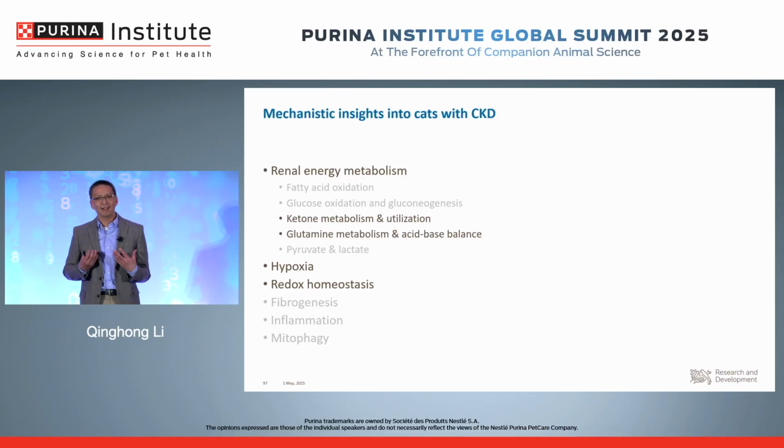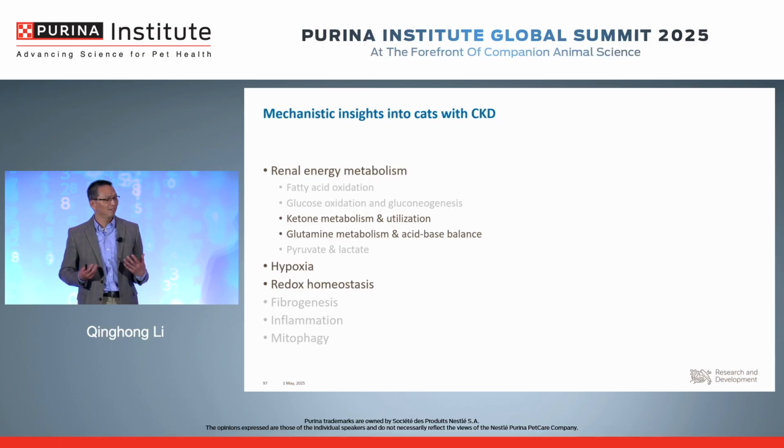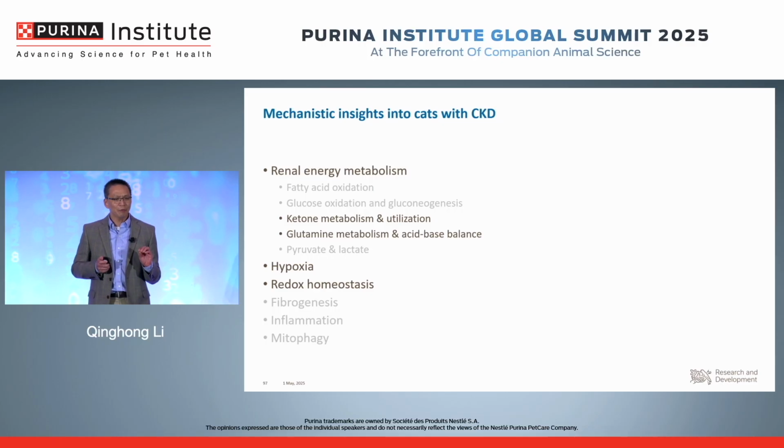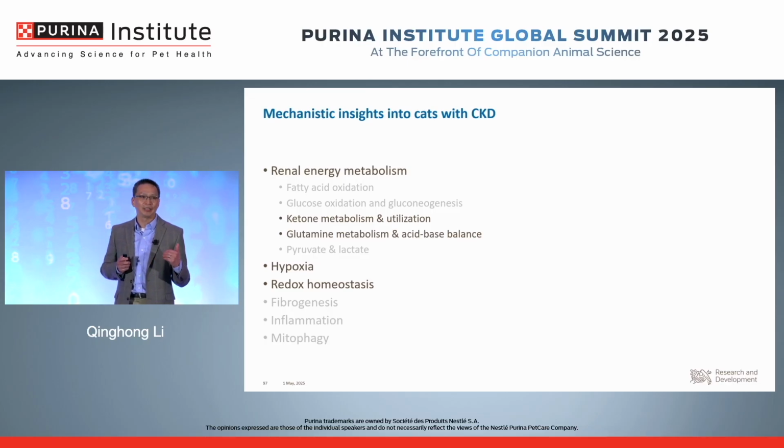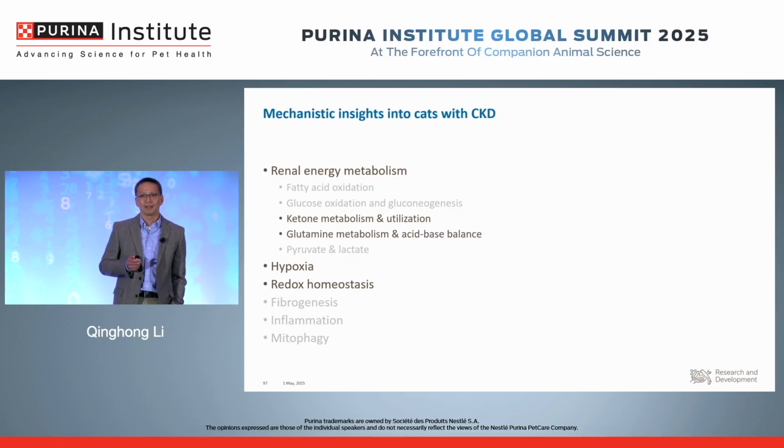We did the data analysis and integration, which led to many exciting findings. Due to time constraints, here I will just show you the renal energy metabolisms, and we'll look at the ketone and glutamine metabolisms and hypoxia, and also, if we have time, the redox homeostasis as well.